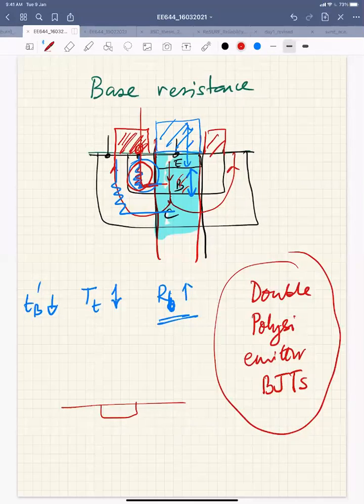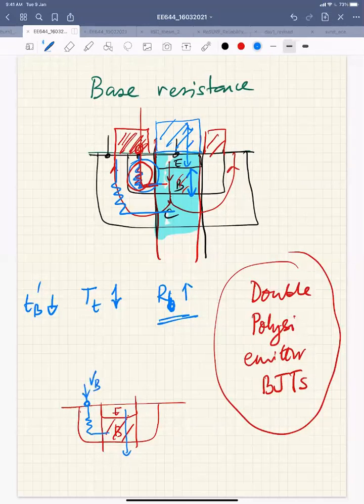So I have my emitter here, I have my base, and this part is your transistor. Your electrons injected can easily flow to the collector, but the holes are coming from this side, where you are applying your base voltage.